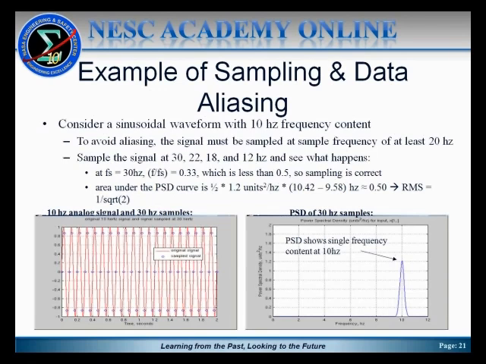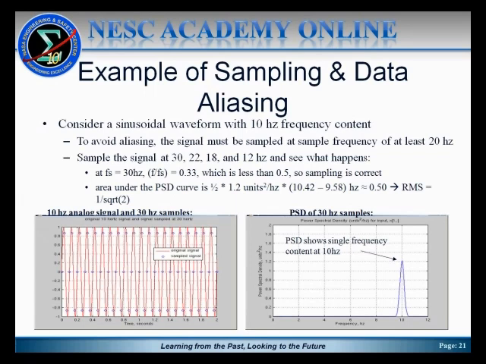So again, we take this 10 hertz sinusoid. We compute the PSD of it, which we'll discuss in part 2, how to compute PSDs and what they mean. But as an example, when we compute the PSD of that signal, we see a nice clean spike at 10 hertz, which is what we were expecting since the waveform had 10 hertz in it. And just for further interest, you can actually compute the area under that PSD curve since it is a power spectral density.